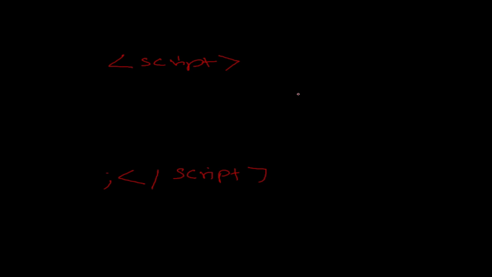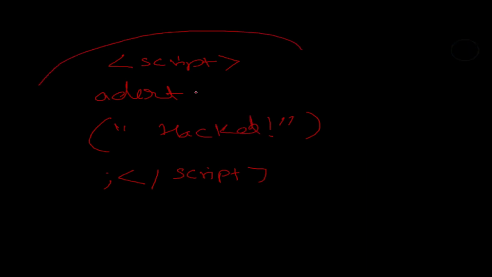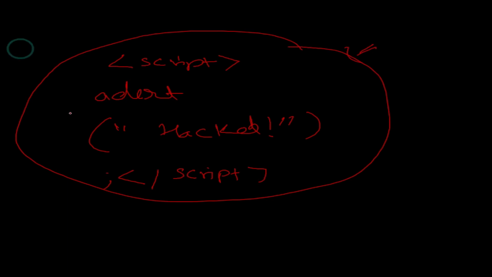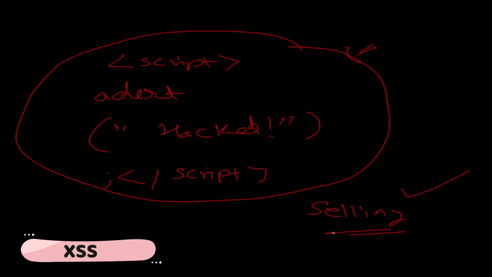And maybe you can produce an alert over here, and into the alert whatever message you want to give, maybe hacked. Such a script we will be introducing maybe while selling some item, and we will check that when the victim clicks on that, his website will show that okay, you are hacked, bro.